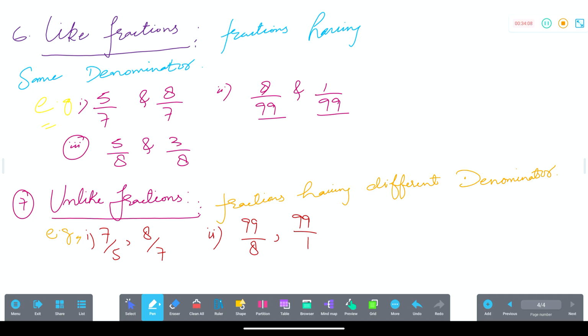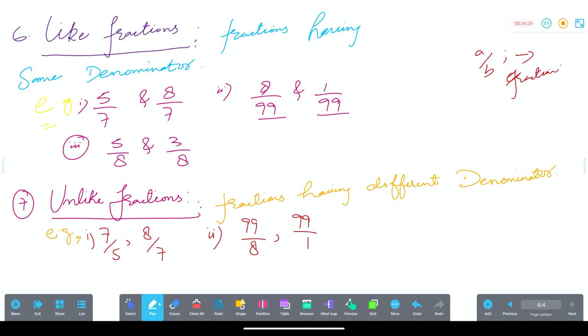Though it is not following the actual definition of fractions, since it is in the form of A by B, every number that can be put in the form of A by B can be considered a fraction in that sense.